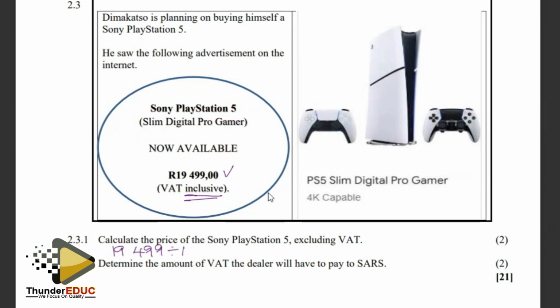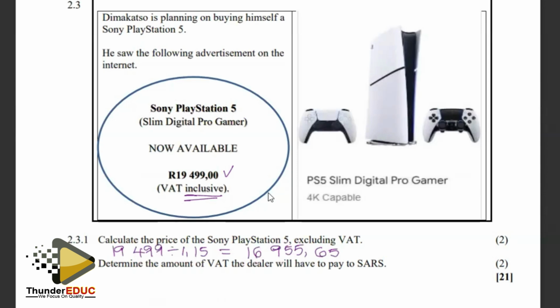In other words, we divide by 1,15. Divided by that much, and the answer became 16,955 rands, 65 cents. That's how we exclude, we divide.